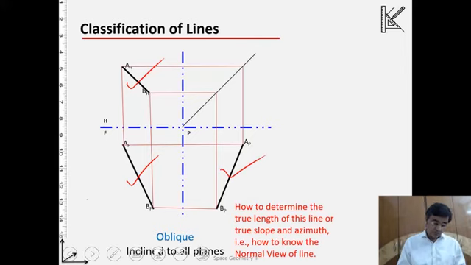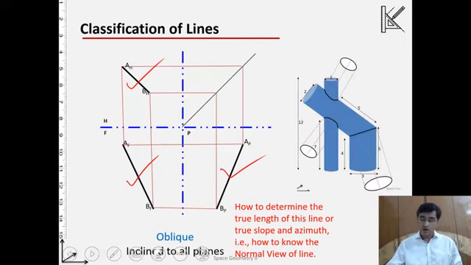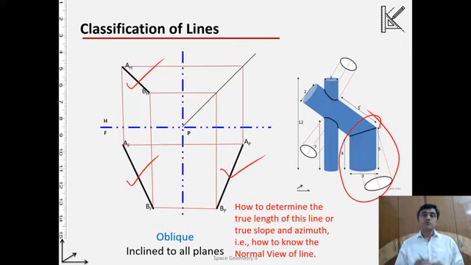This kind of problem we will face very often, as we saw here. So look at this line. If somehow I can find a plane which is parallel to this line, a plane that is not along the frontal, profile or horizontal but somewhere else, and if I can project this line onto that plane, I will have the true view of this line.